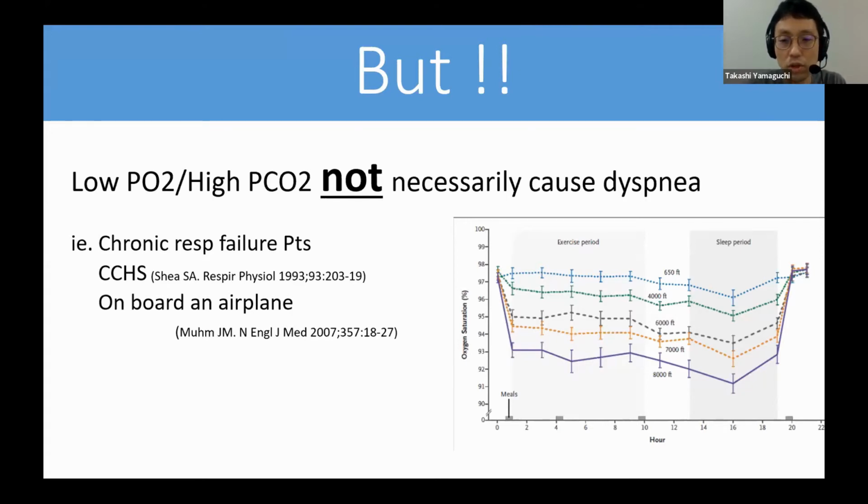But we usually do not develop dyspnea, especially at rest, during our flight. The same thing happens when we climb a high mountain like Mount Fuji. We don't feel dyspnea even at low saturation at rest at the top of Mount Fuji.